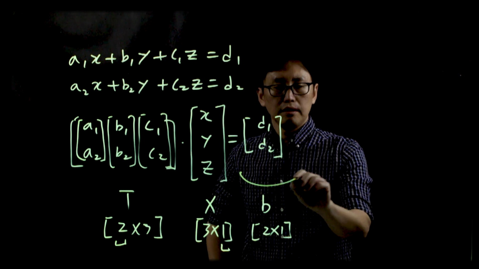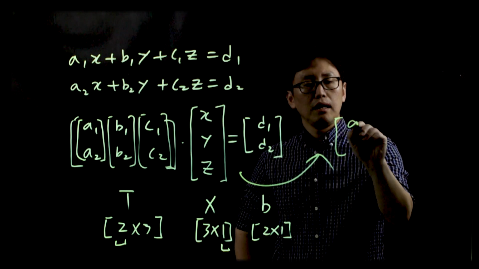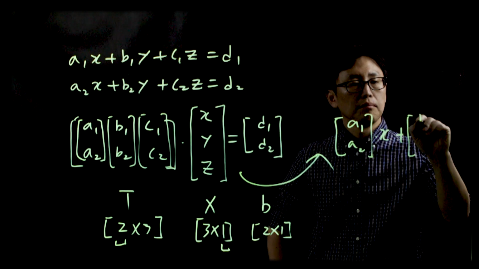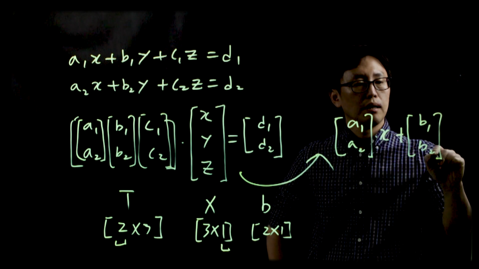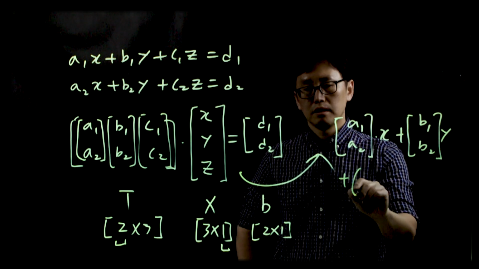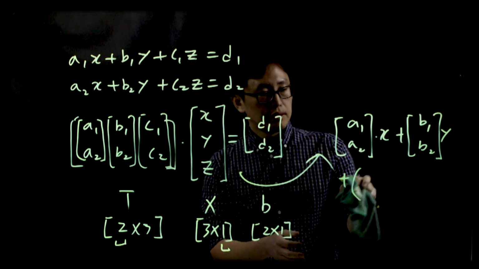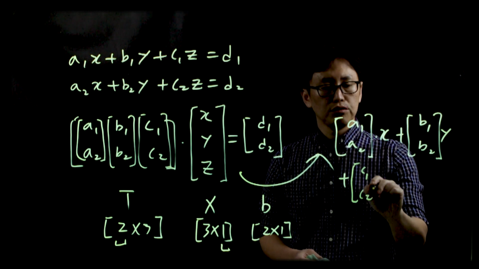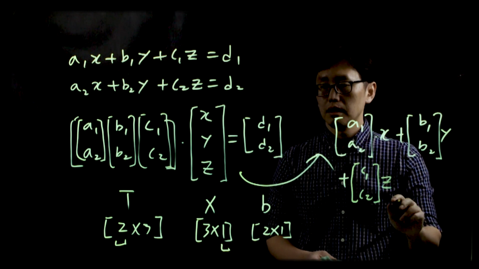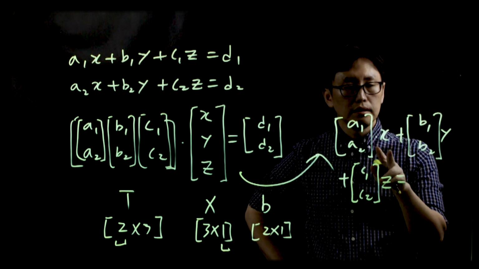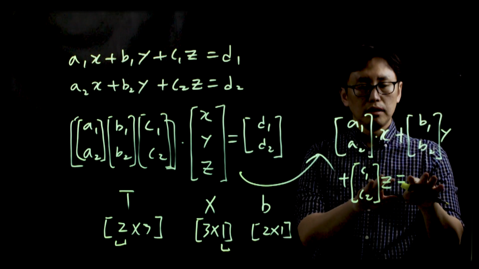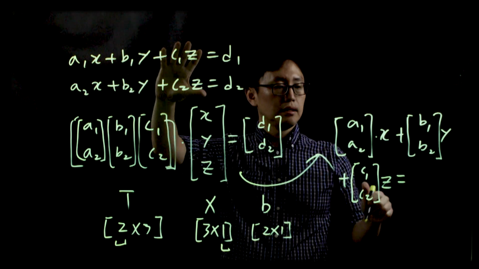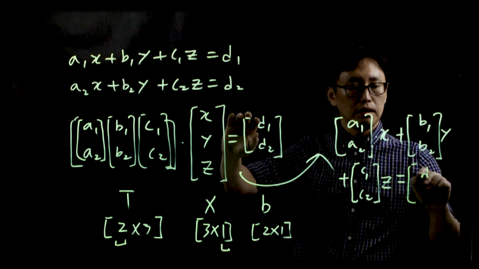That means it will look like [a1 a2] times x plus [b1 b2] times y plus [c1 c2] times z, and this of course results in these equations, and the right-hand side would be [d1 d2].